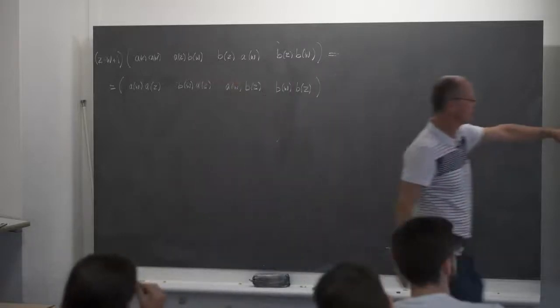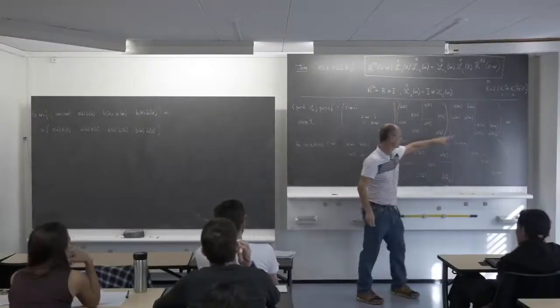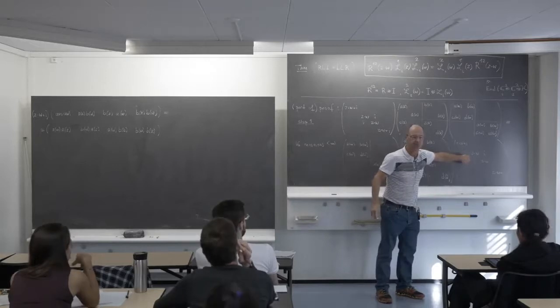That's just the top row of this product. Now we should multiply it by this, right?